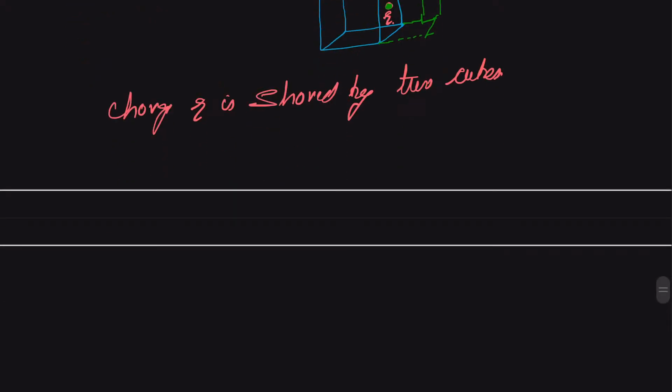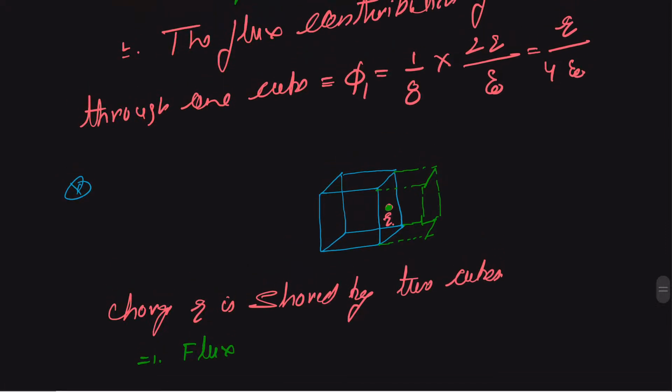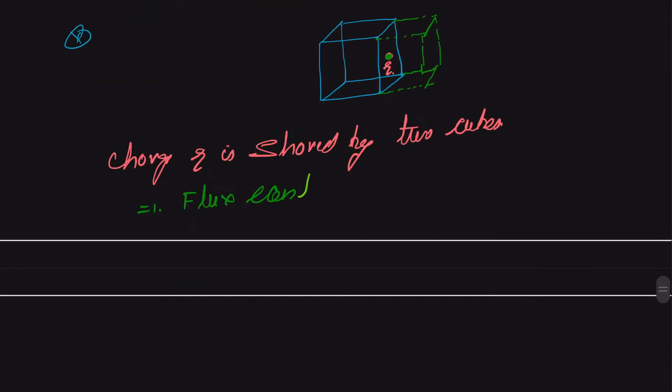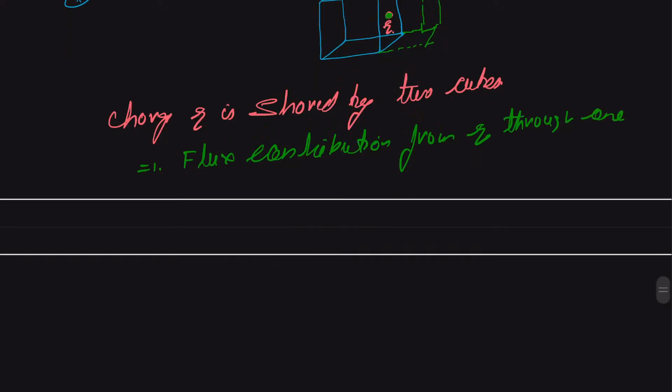Therefore we can write that the flux contribution from charge q through 1 cube, let us call this phi 2, then this phi 2 will be equal to 1 by 2 q upon epsilon naught. Then simply we can use our Gauss law.